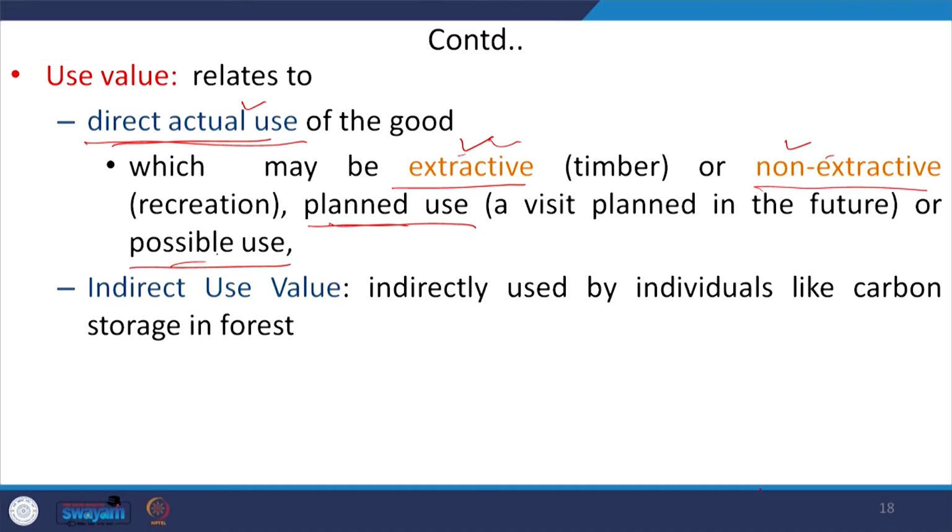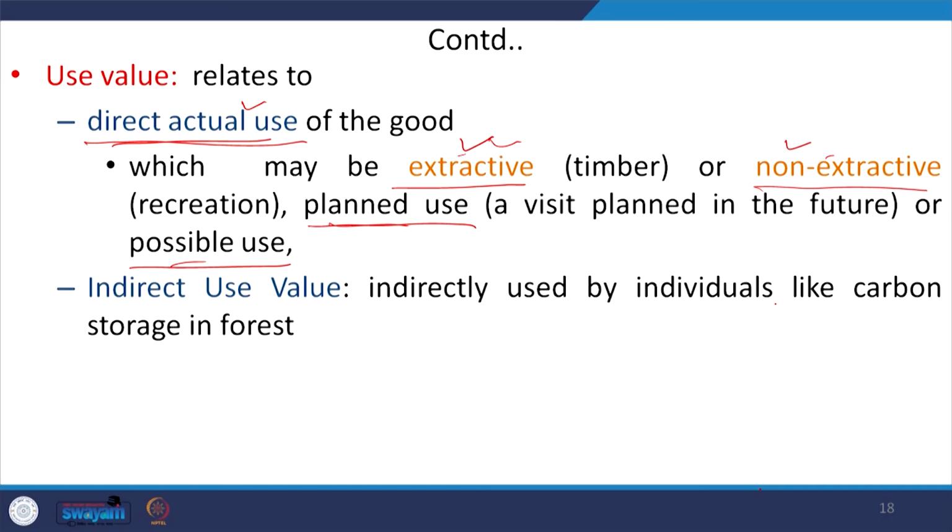And the second category of use value is indirect use value. That means you are not directly consuming it, you are using it indirectly. In our discussion, that is forest, you are not using the forest as such, you are not extracting any timber or even enjoying it, but you know that this forest is serving as a carbon storage.